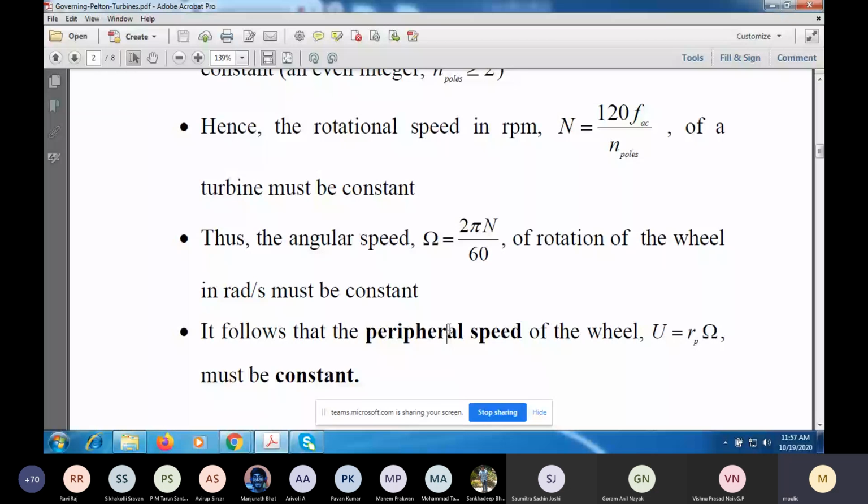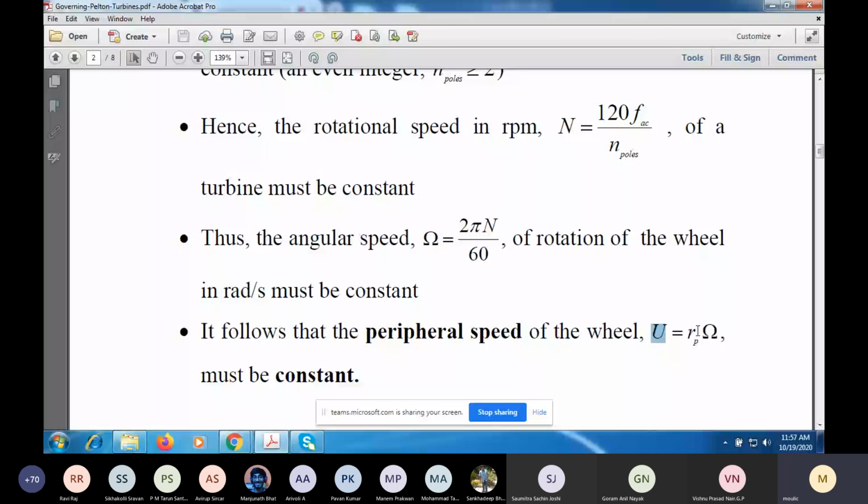So we are dealing with the peripheral speed of the wheel, or velocity of translation at a point on the periphery of the wheel, or it could also be at the pitch circle, which is very close to the periphery. So this capital U, which was the speed of translation of the control volume that we used in analysis, will be the pitch circle radius multiplied by omega.